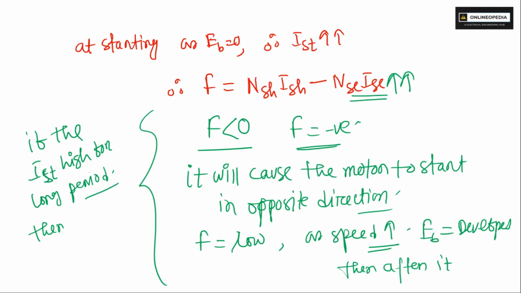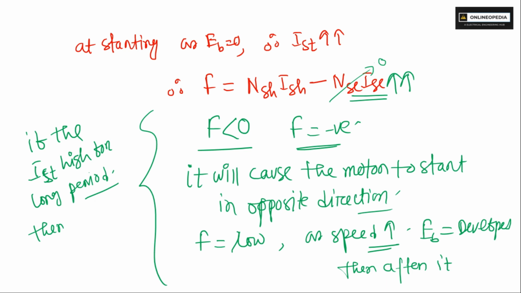To compensate for the problem, we create a solution: at starting of a differential compound machine, we short circuit the series winding, so that the MMF due to the series winding becomes 0 at starting. That is, the machine will start as a shunt machine.